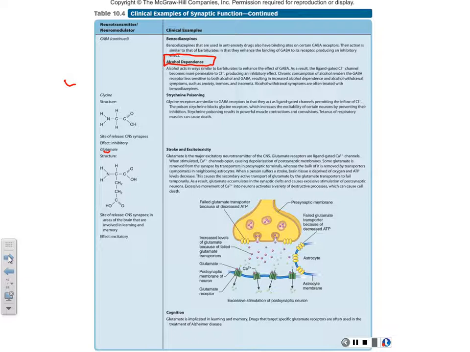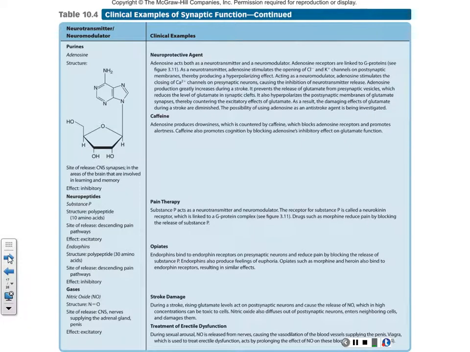Anyway, I want you to know about the first three really. And GABA is an inhibitory amino acid, gamma-aminobutyric acid. The other ones you can just read for your interest, because there's a lot of them. There's a lot of neurotransmitters and lots of neuromodulators.